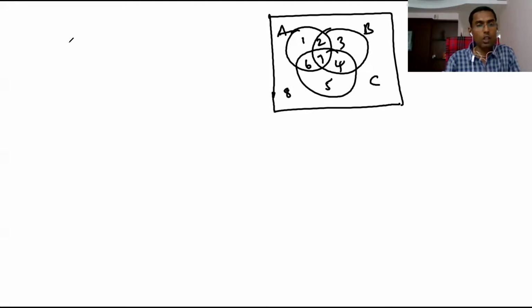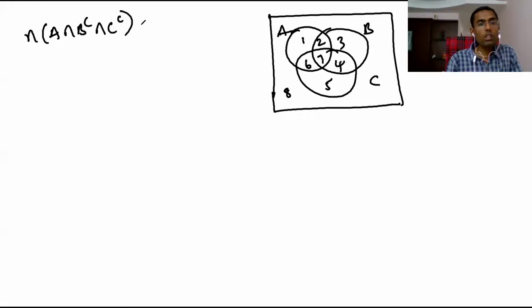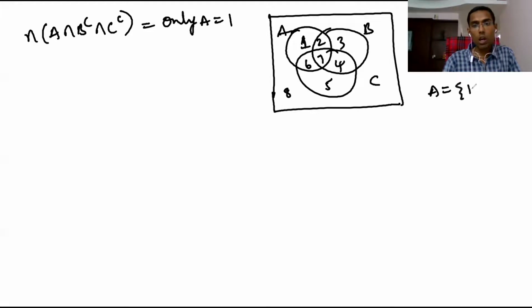Now n of A and not B and not C means only A, that means only part 1. A means 1, 2, 7, 6, all these parts. This whole thing is A.